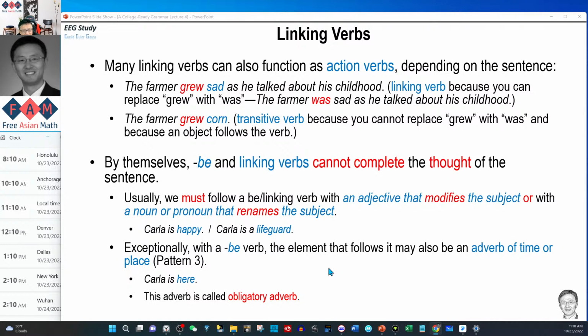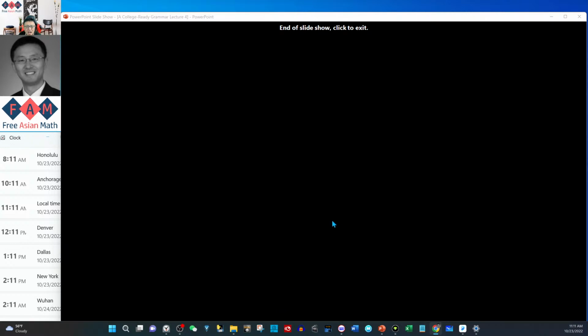We definitely need it for this particular sentence to be complete. But it's a special case. It's more like an exception rather than a rule when we have this kind of obligatory adverb. We'll see more obligatory adverbs later in different sentence patterns. But here, to understand pattern number 3, it's actually quite unusual, and we need an obligatory adverb to complete the sentence.